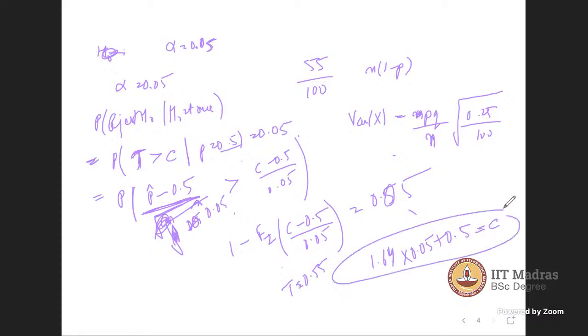Can you just check this calculation? This is coming out to 0.582. So using the alpha value, we will accept H naught.